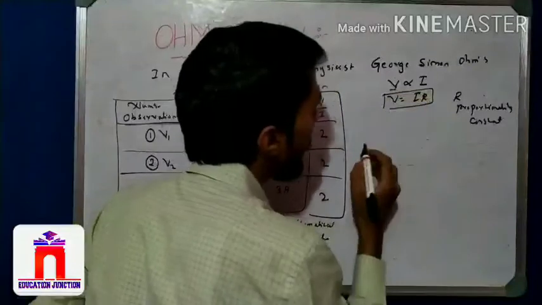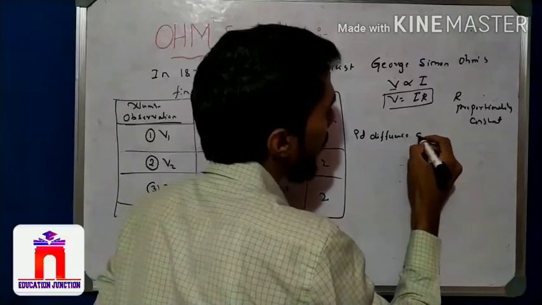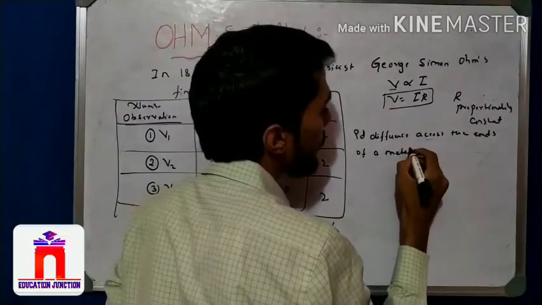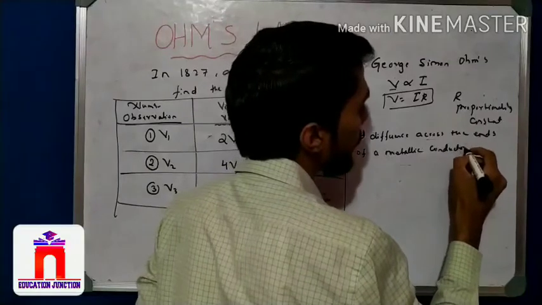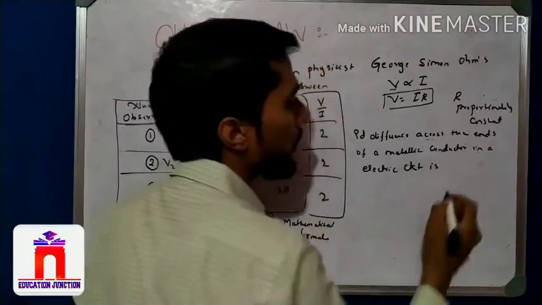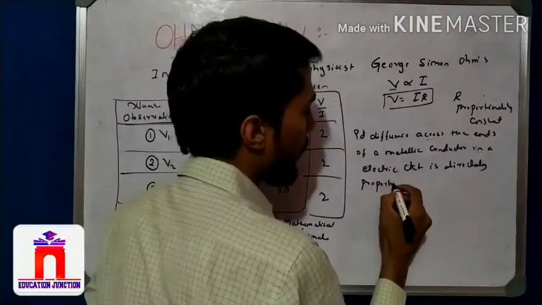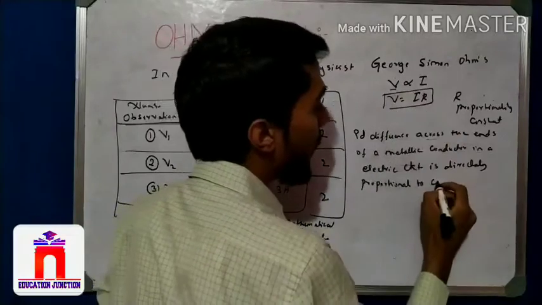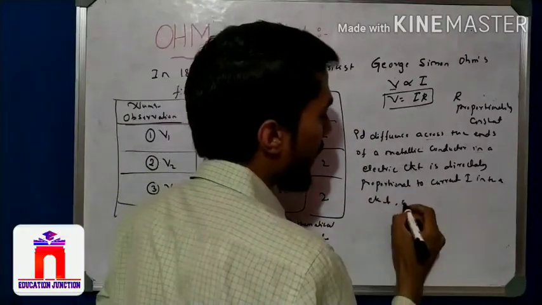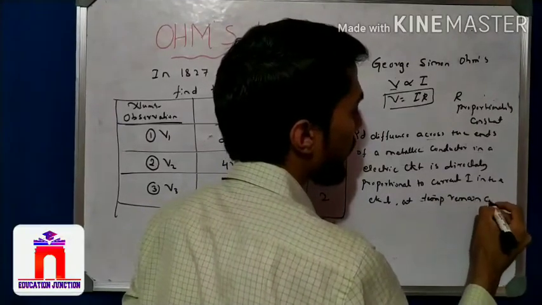Easily, okay. So I write V, potential difference across the ends of a metallic conductor in an electric circuit is directly proportional to current I in the circuit at the temperature, okay, temperature remains constant.